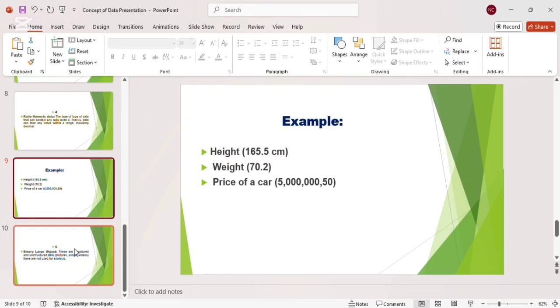For example, we have height, which is 165.5, weight, 70.2, and we can also have the price of a car amounting to 5,050,000 kobo.